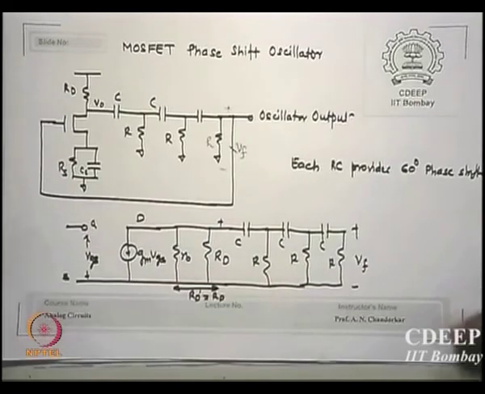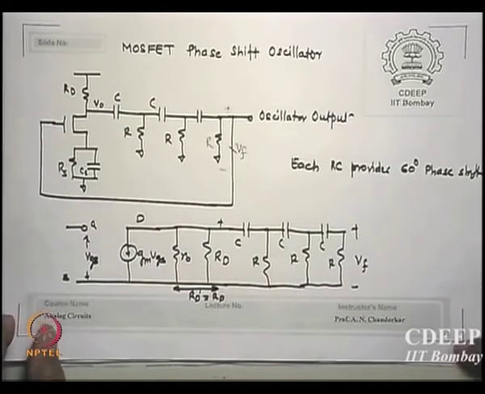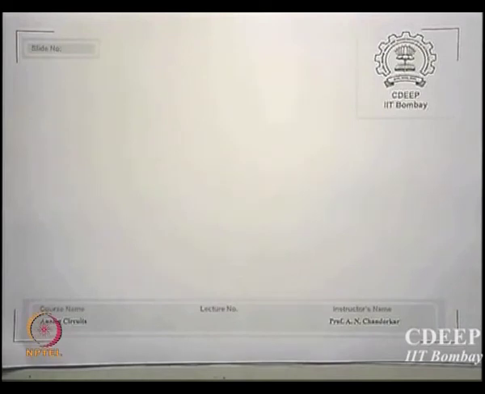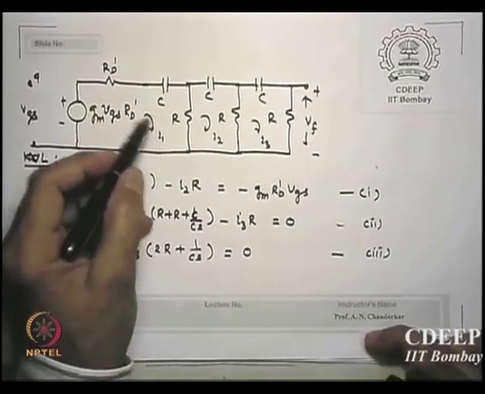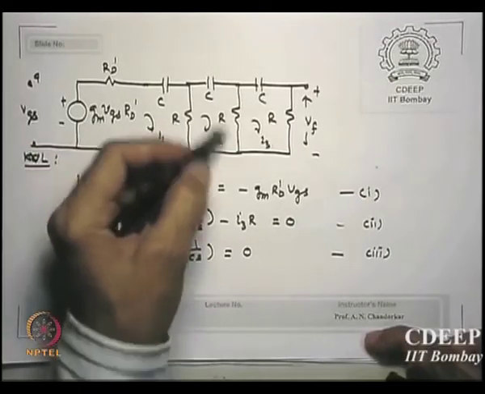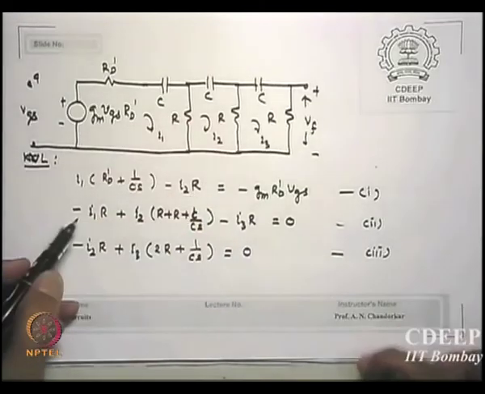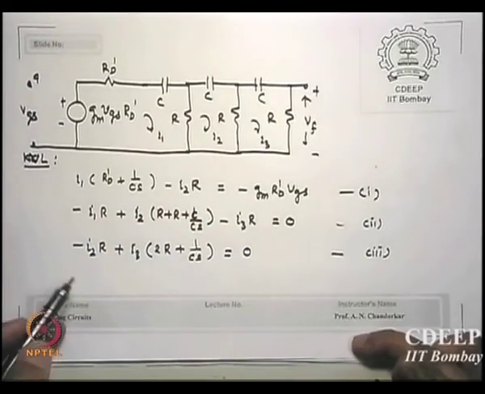So I put an equivalent circuit of this, which is very simple, nothing great, we have done it n times. So you don't need me to say how it is done. And I solve this, I will not show you all of it. I use Kirchhoff's law, I1 current in this loop, I2 in this, I3 in this, and wrote 3 equations for the 3 loops.